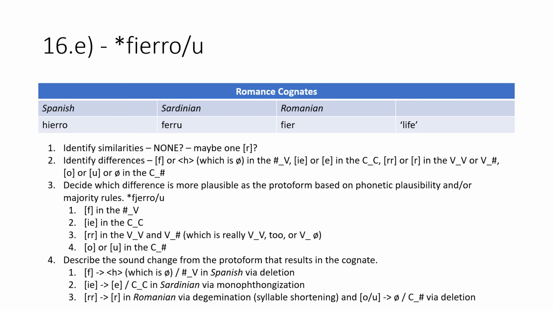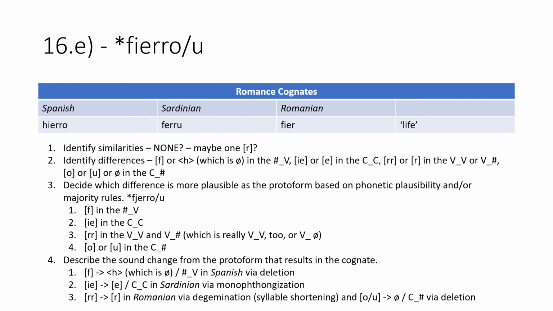So in this case, identify similarities, and potentially that's none. So one thing we can say is that there is potentially an R in that, but is it a double R or a single R? We don't know, right? So we have to decide in this case the correct form for each element of our word, right? So is the opening consonant an F or a silent sound? So the H in Spanish is actually a deleted sound, right?